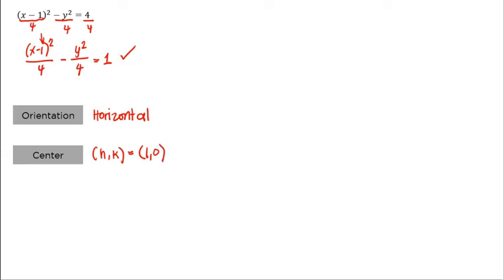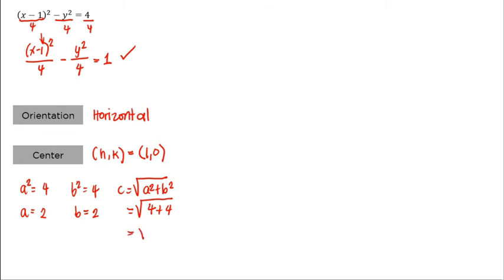And from our standard equation, a squared is just equal to 4, so a is equal to 2, right? b squared is also 4, so b is equal to 2. And c is square root of a squared plus b squared, which is square root of 4 plus 4, and that is equal to square root of 8, or this is 2 square root of 2.